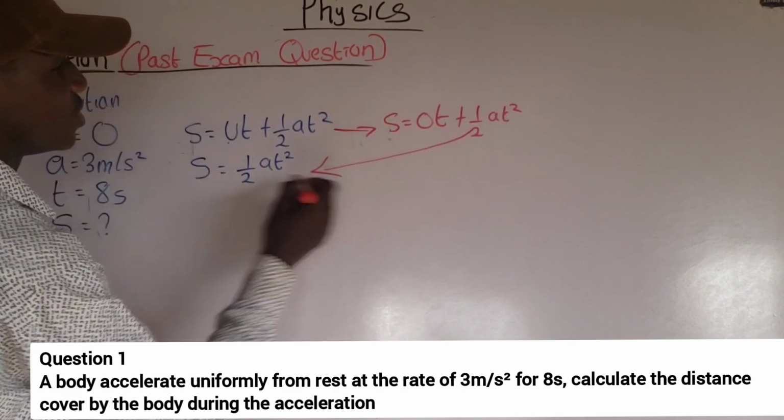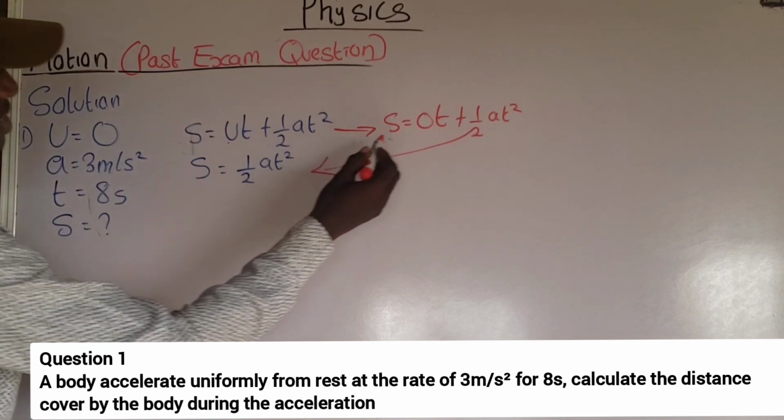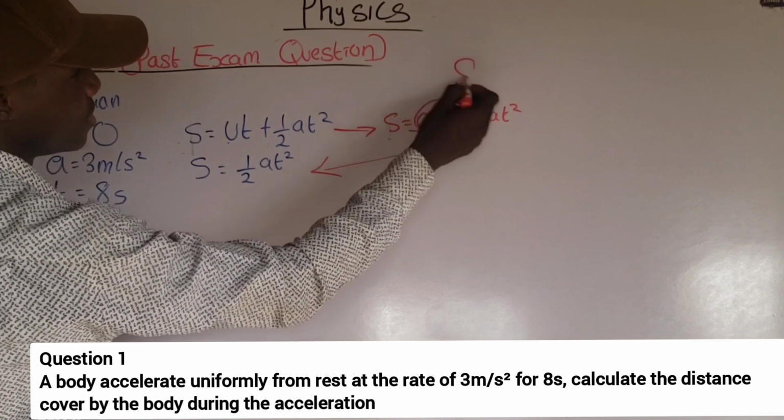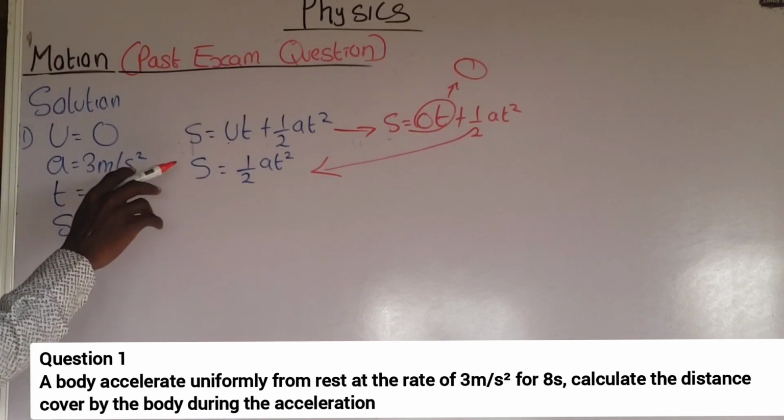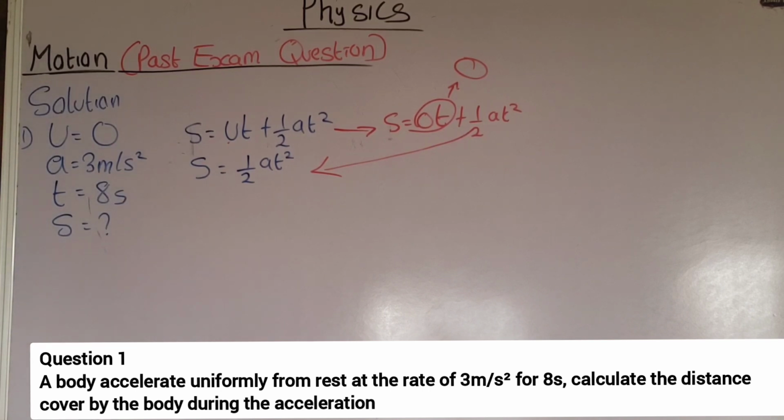So when you hear that a body accelerates from rest, this kind of question you will find in objective, that is what JAMB and WAEC test you. You have to be very smart. When a question says initial velocity is 0, know that the ut term will be 0, because the product of 0 and t is 0. So the equation becomes s equals half at squared.